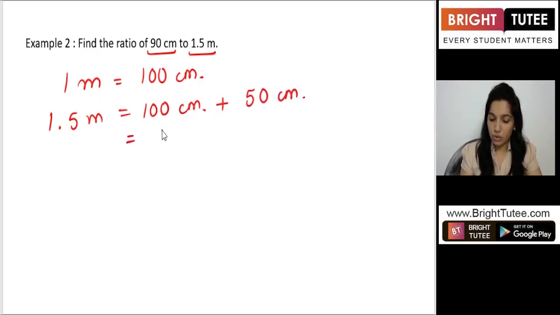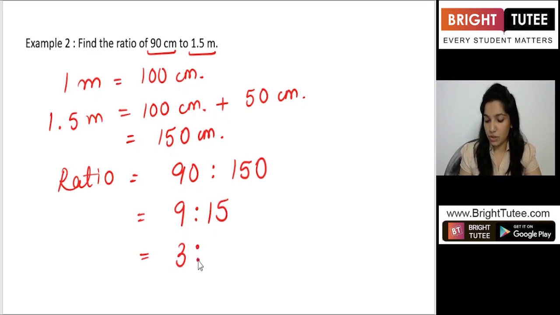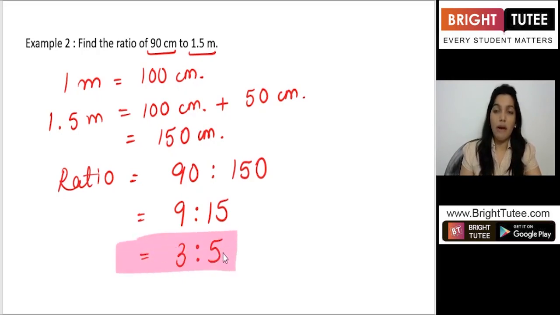So the total is 150 centimeters. Now let us find the ratio. The ratio is 90 to 150, and we can simplify this. Clearly both the numbers are divisible by 10, so this comes out to be 9:15. Again we can simplify this because both the numbers are in the 3 times table, so it comes out to be 3:5. Now we cannot simplify this any further, so the final answer is 3:5.